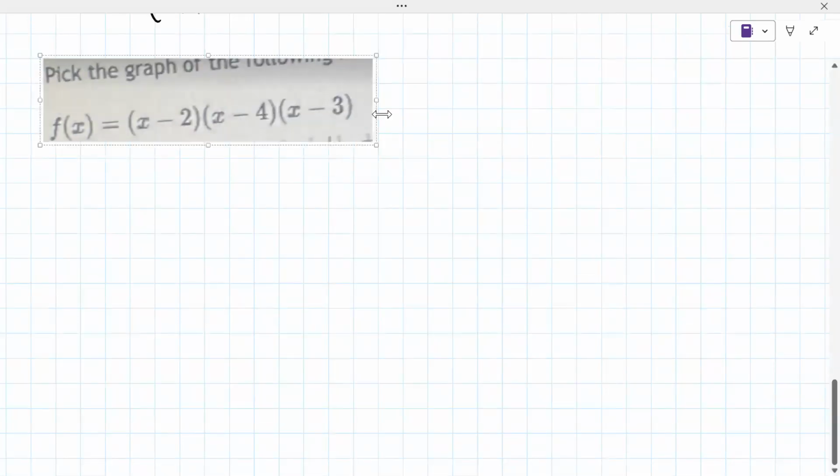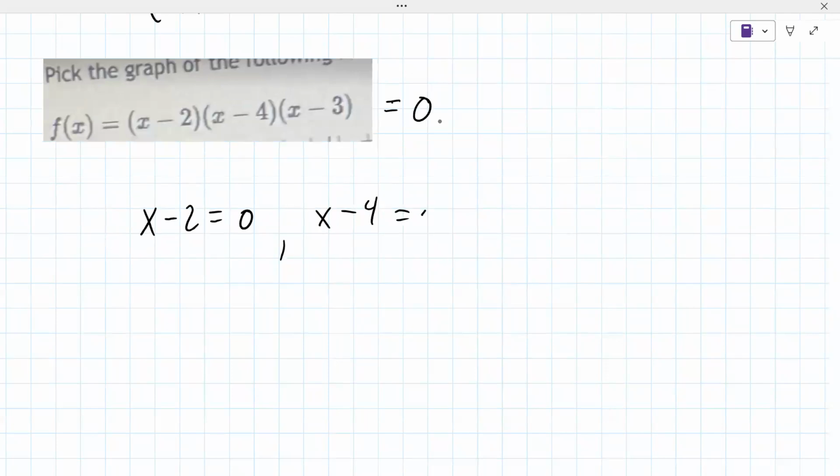So to graph something like this, you first have to set this equal to 0. And by setting it equal to 0, you're actually setting each of these individually equal to 0. Could you tell me the solutions of each of these? Let me look. Could you solve each of those for x?